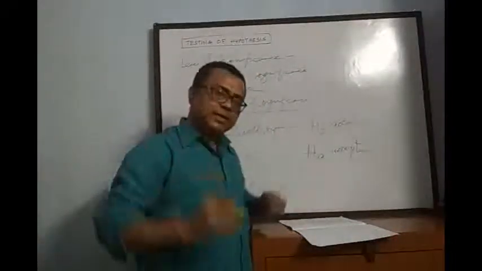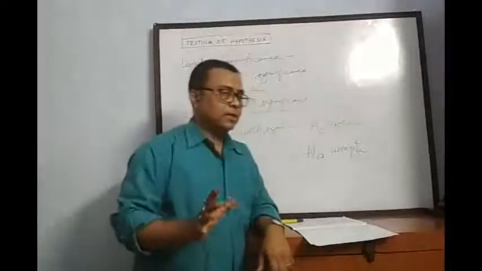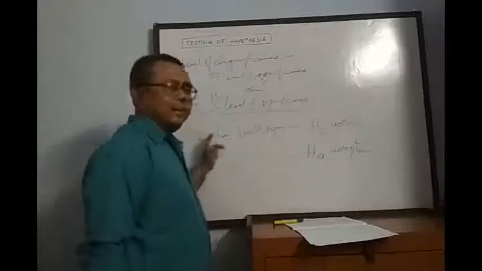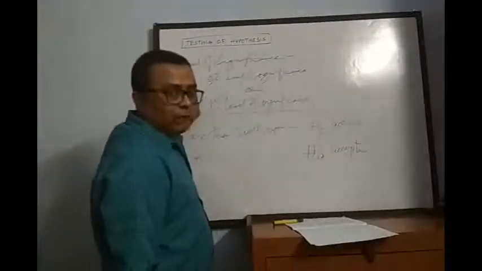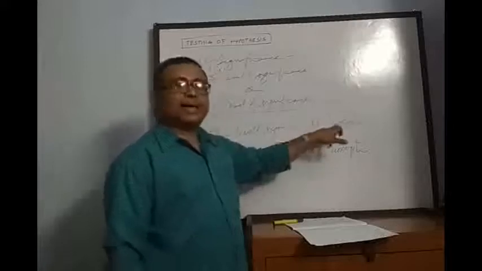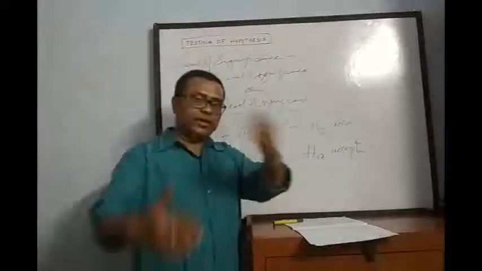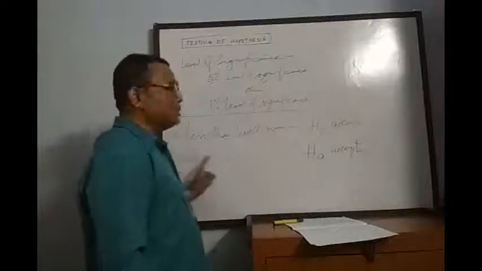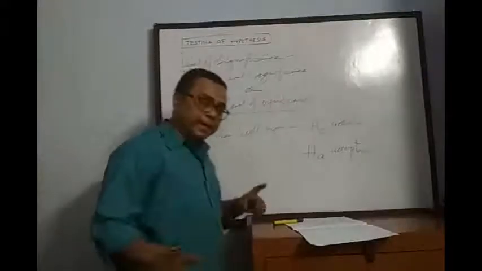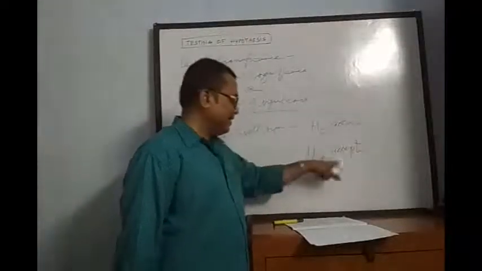Automatically null hypothesis is rejected. So this point is very important to remember: when the value is less than the level of significance, either 5% or 1% as given in the question, then null hypothesis is accepted, alternate hypothesis rejected. And in the contrary, when the value is more than the level of significance, then null hypothesis is rejected and alternate hypothesis accepted.